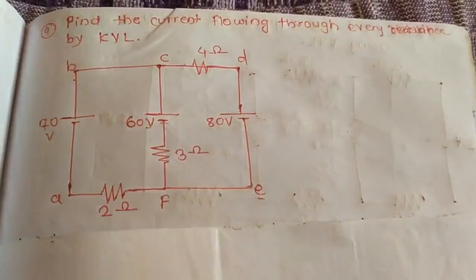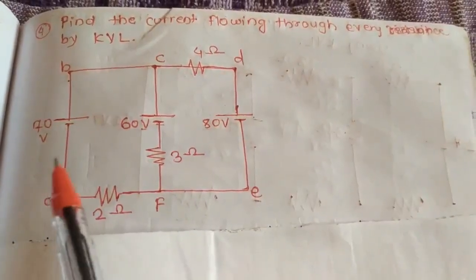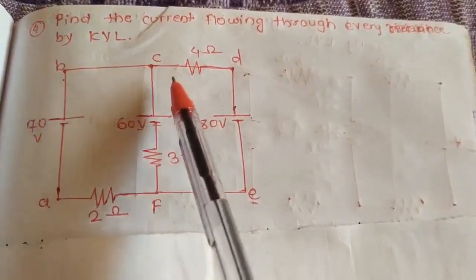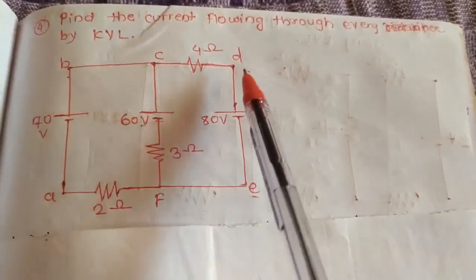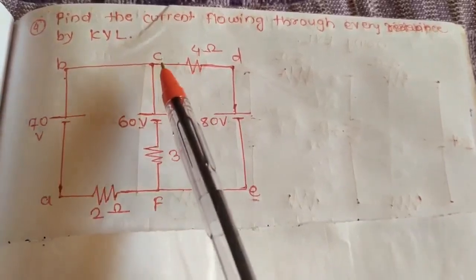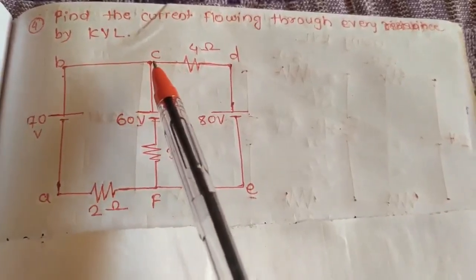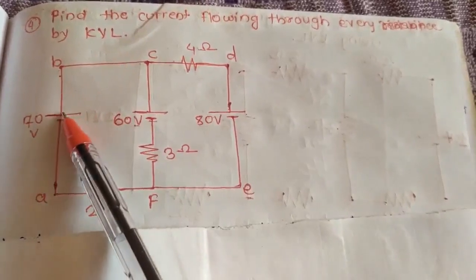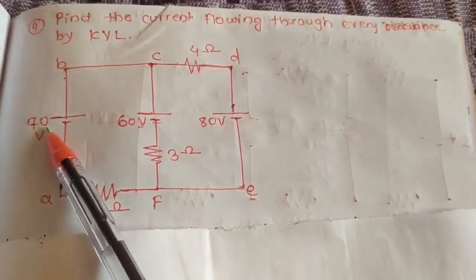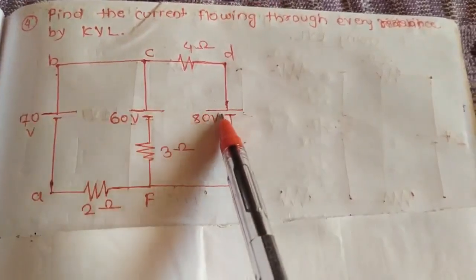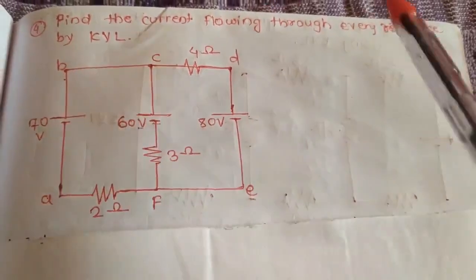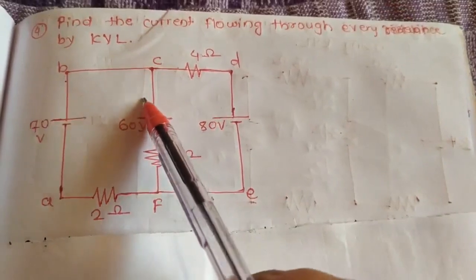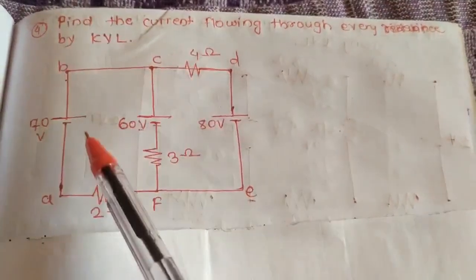This is also same type of a problem. See, A, B, C, F, A is the first loop. C, D, E, F, C is the second loop. We can take current I1 from 70 volt and current I2 from 80 volt. For this branch, we get current I1 plus I2.